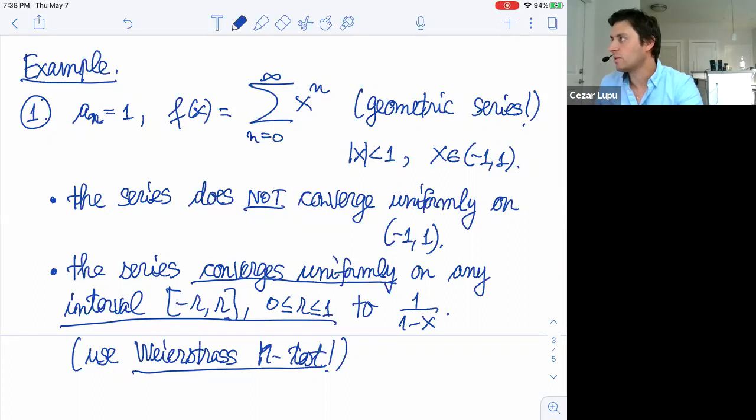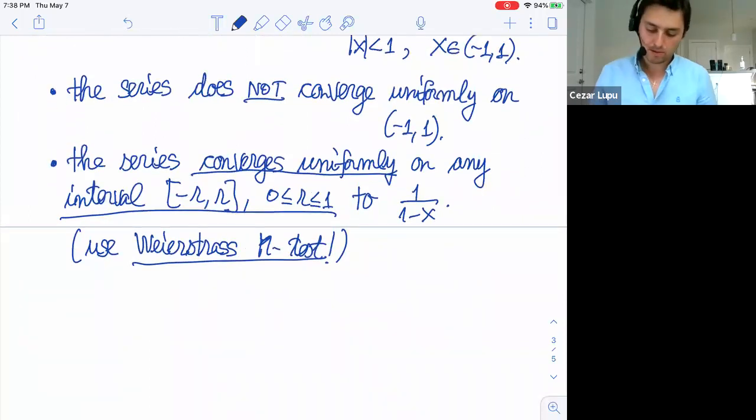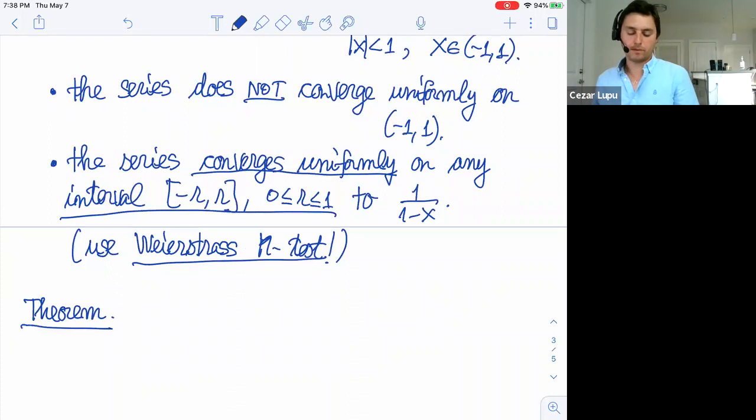How can we determine the intervals of convergence, and so on. Okay, so we have the following theorem, and I think I gave it to you, but anyway, I'm going to write it. So the main theorem is the following.